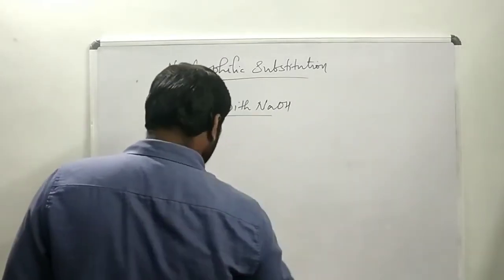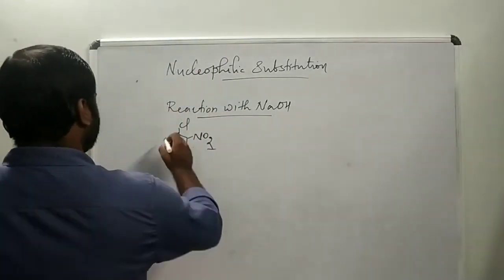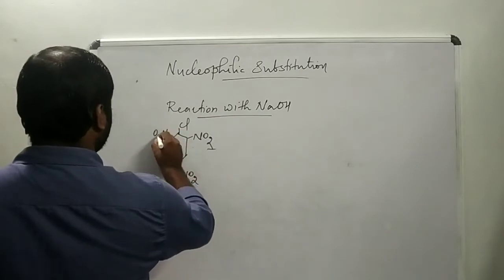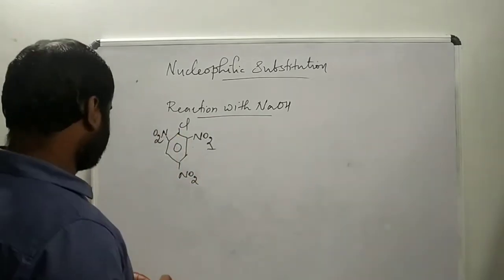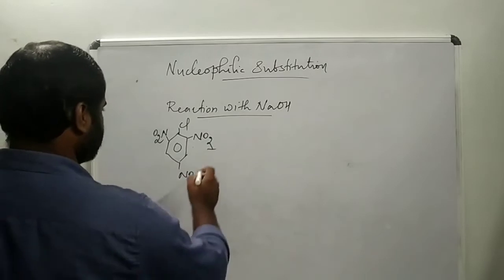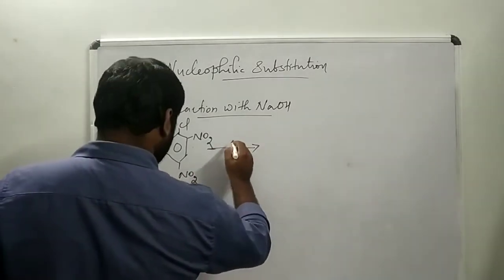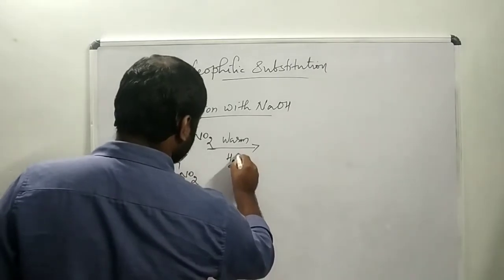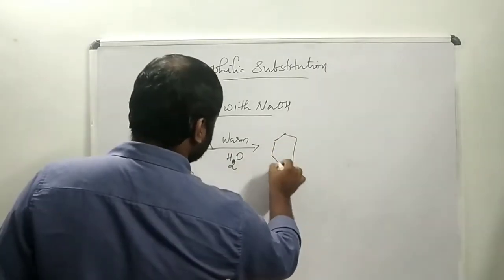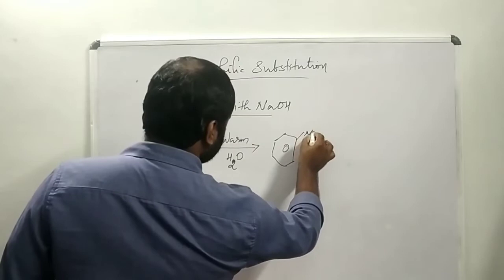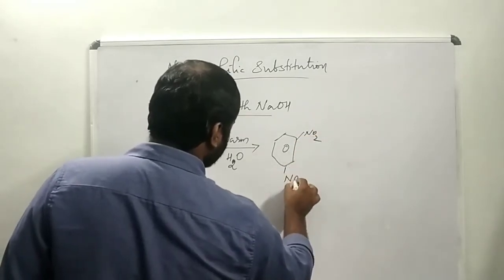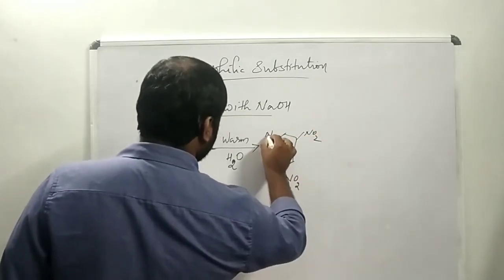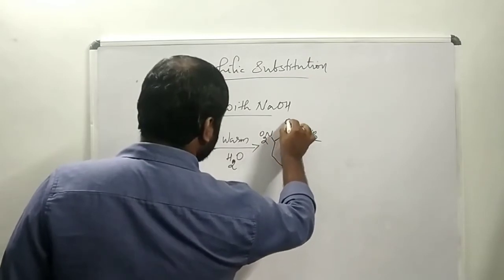Now we can take another example. 2,4,6-trinitrochlorobenzene on reaction with warm water, you are getting 2,4,6-trinitrophenol.